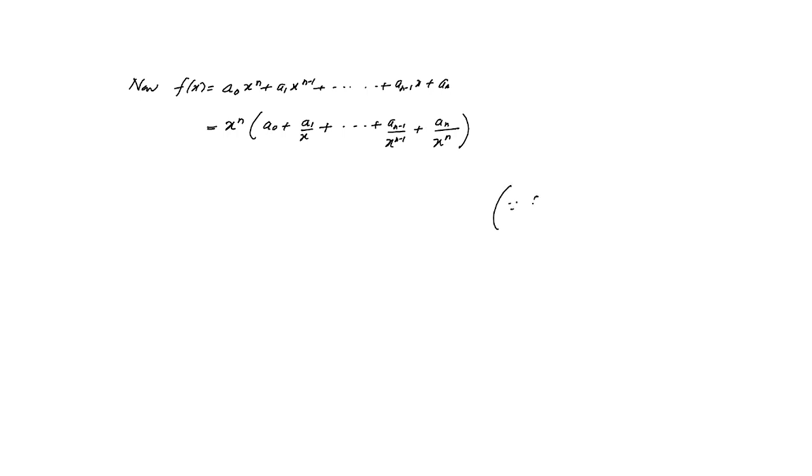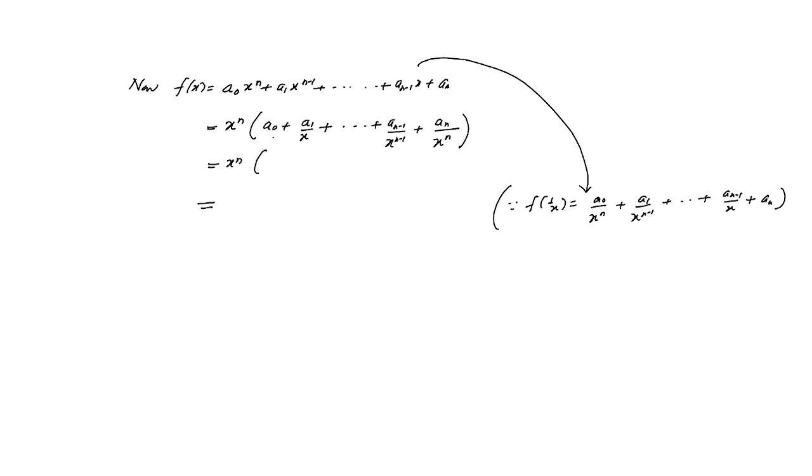Now what will be f of 1 by x? From here, f of 1 by x equals a0 by x to the power n plus a1 by x to the power n minus 1 plus ... plus an minus 1 by x plus an. Now from this, what can we write? x to the power n, in position of a0 we can write an, an minus 1 by x plus a1 by x to the power n minus 1 plus a0 by x to the power n.